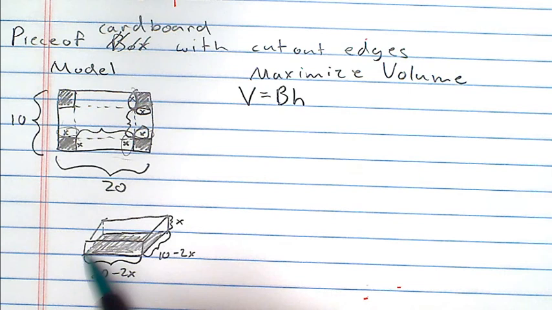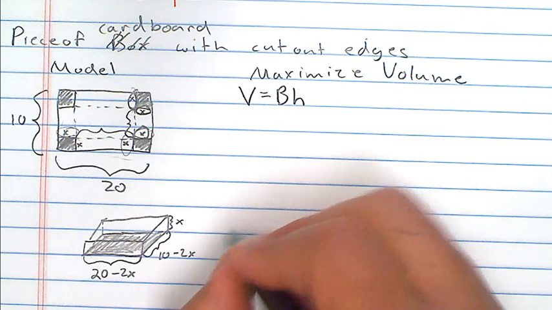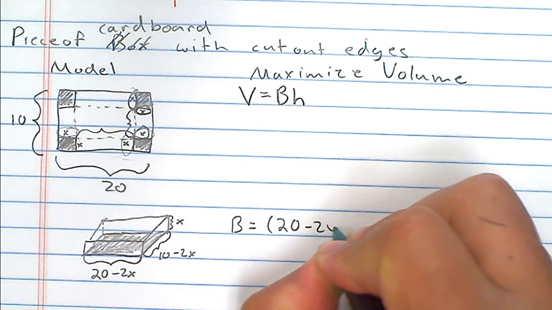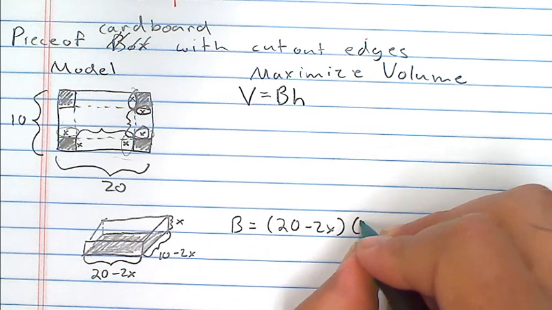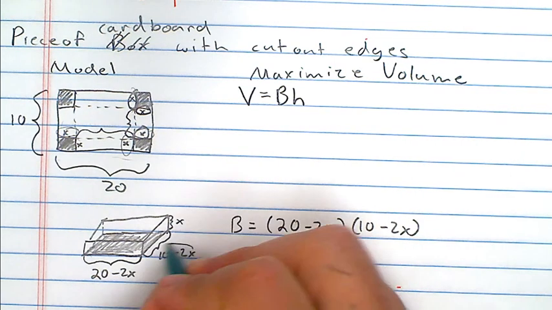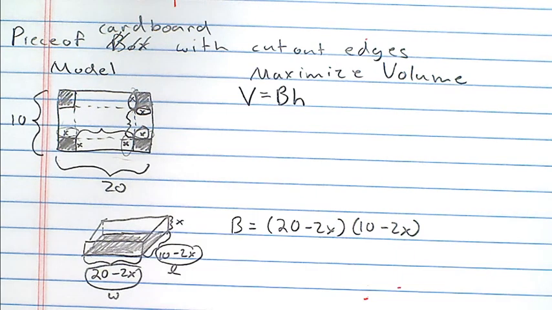The area of the base is equal to length times width, where that's the length and that's the width, or however you like saying it.